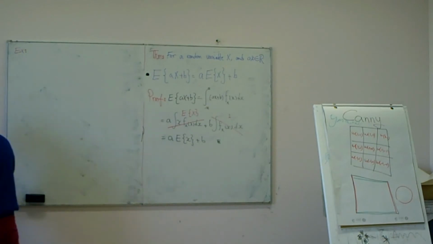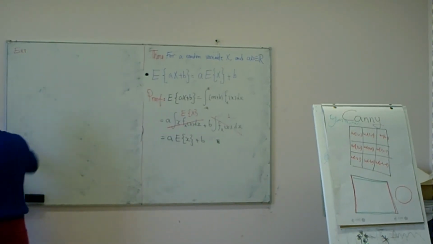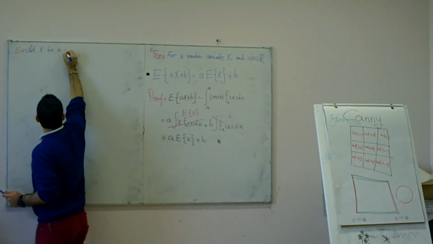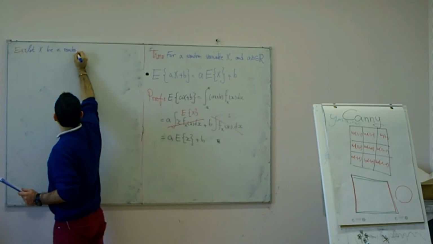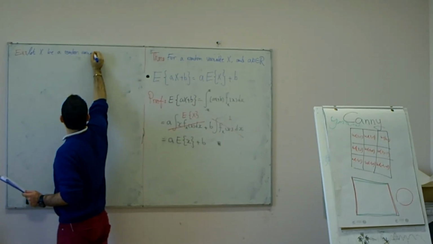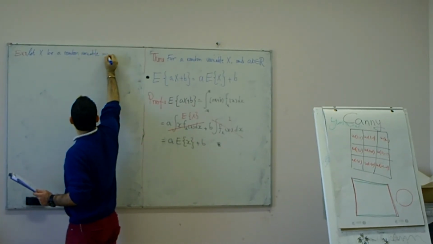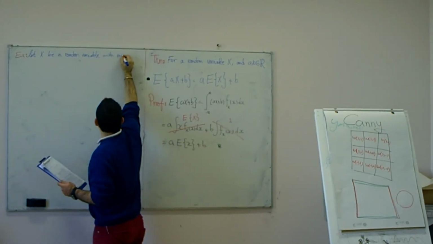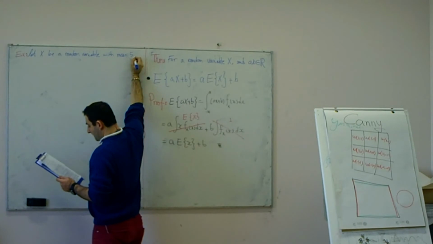The example says: let X be a random variable with mean 5.